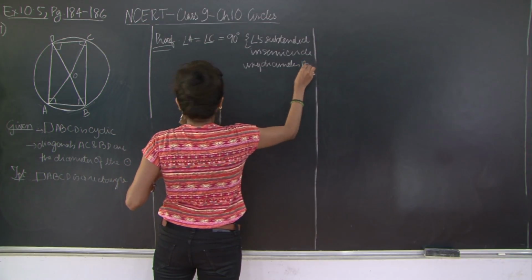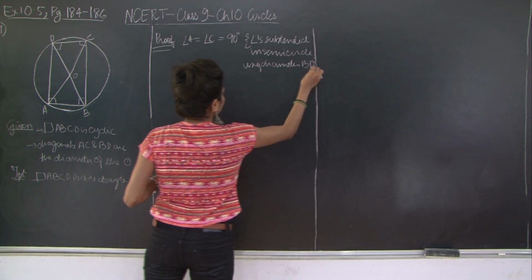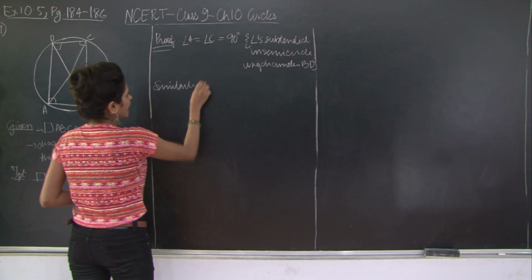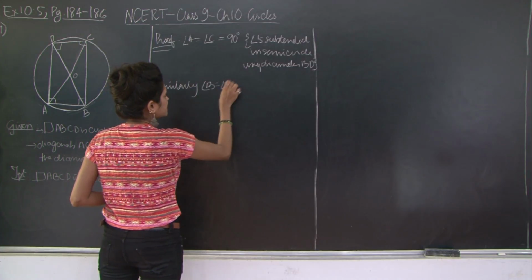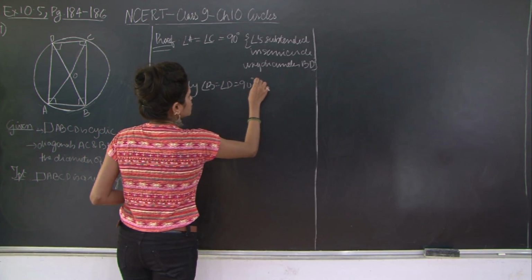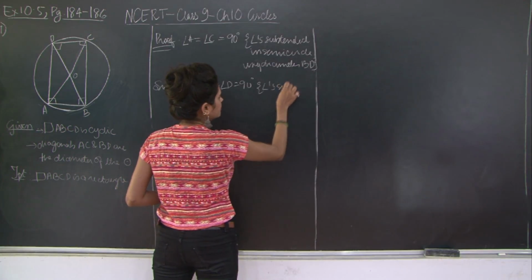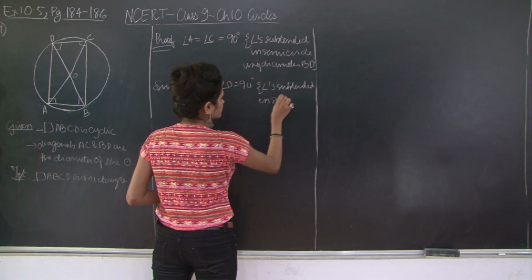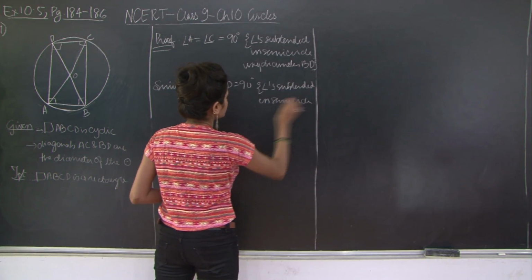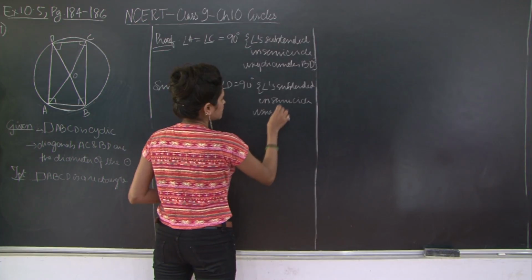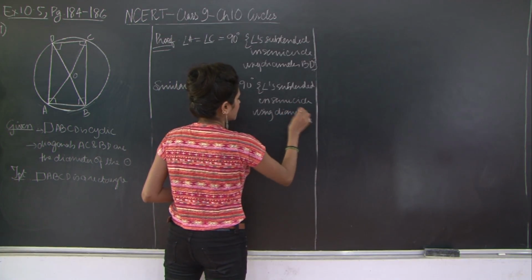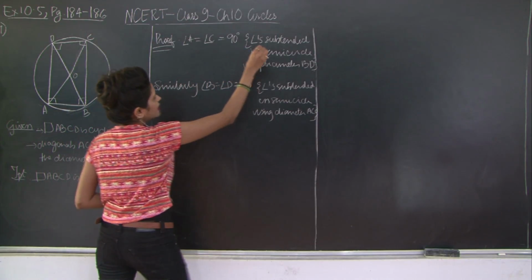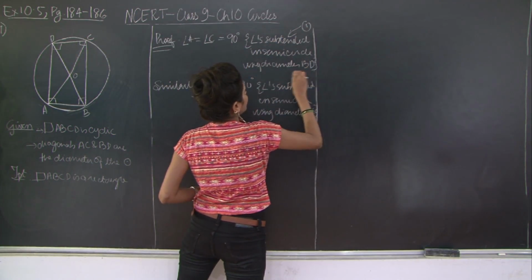It is BD. Similarly, angle B is equal to angle D is equal to 90 degrees. So, these are again angles subtended in semicircle using diameter AC, right?